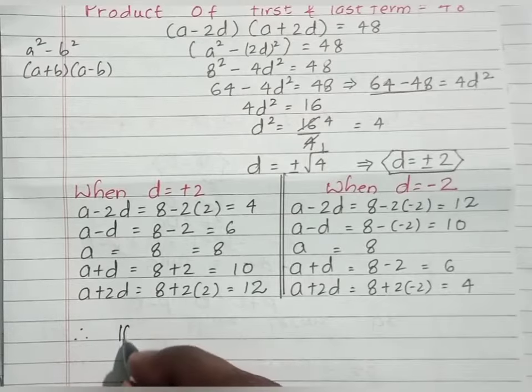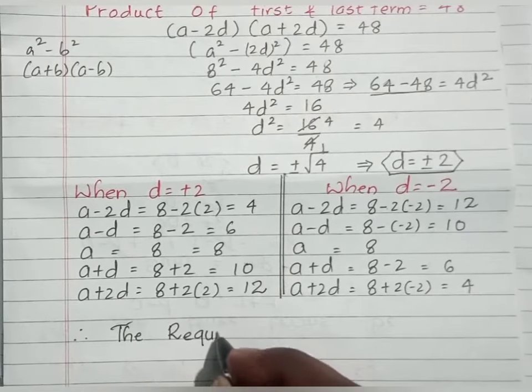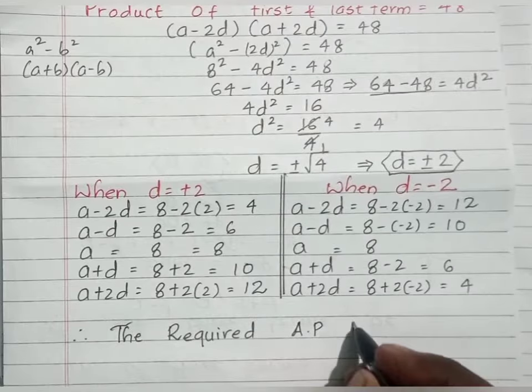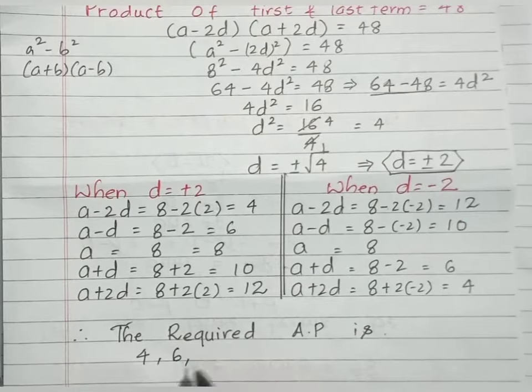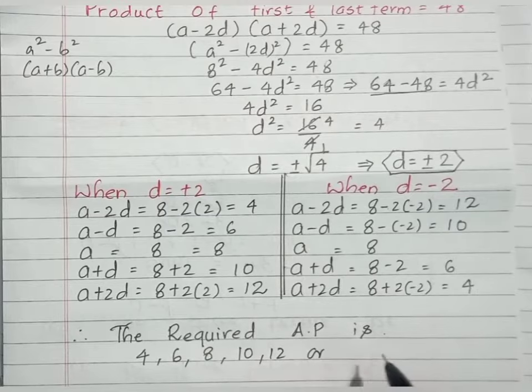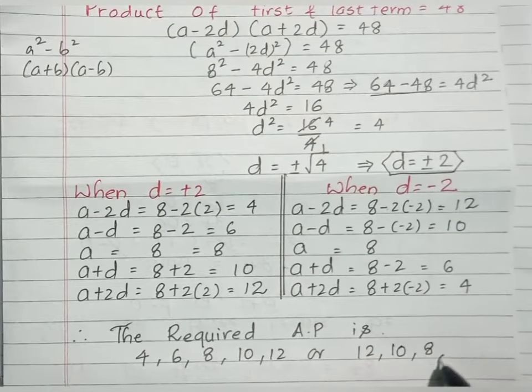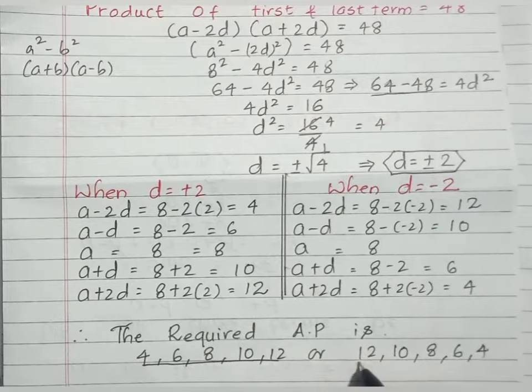So the required AP is 4, 6, 8, 10, 12 or 12, 10, 8, 6, 4. That is the required AP.